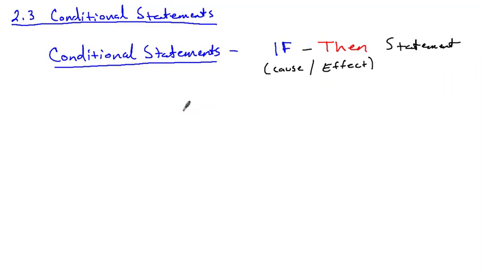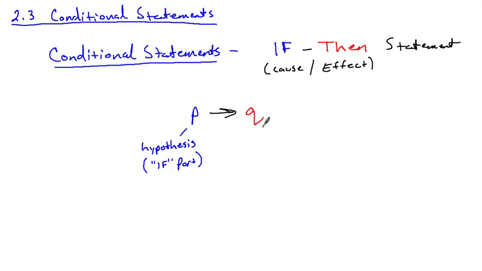And what we want to get really comfortable with is the P implies Q idea here. Okay, the P part of these statements is called the hypothesis. And it's always the if part of the statement. So this is the if this happens.